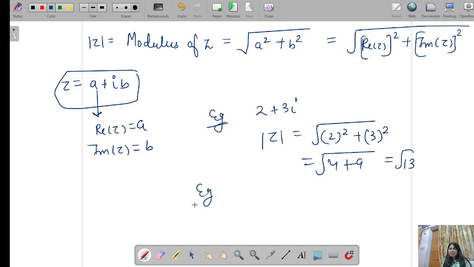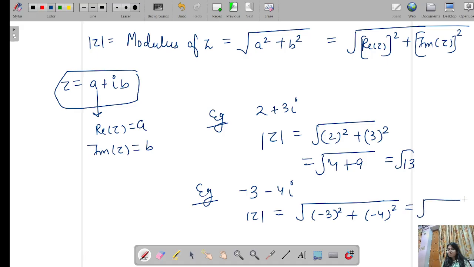And if I'm taking minus 3 minus 4 iota, now the modulus of z will be the square root, where the real part is minus 3 and the imaginary part is minus 4. I can solve it as this. It is also denoted as R.